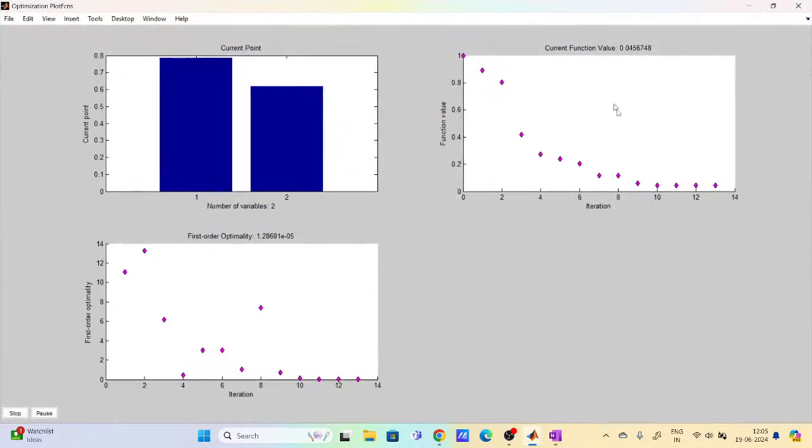Look, how many iterations does it need? Only 14 iterations, and in only 14 the function gives the same value. Understood everyone? This is a comparison you can see. The one needing the fewest iterations is SQP.